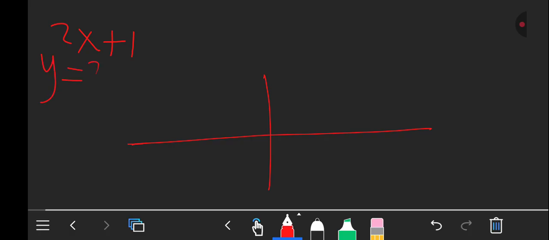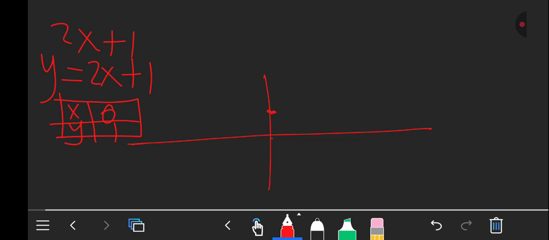You just test some values. Let's say I test 0. When x is equal to 0, my y will be 1, so somewhere there.